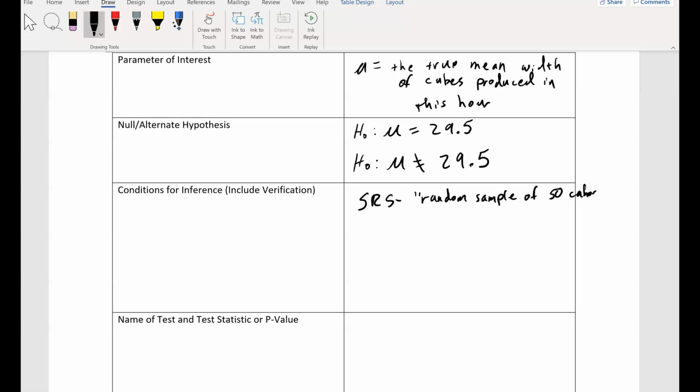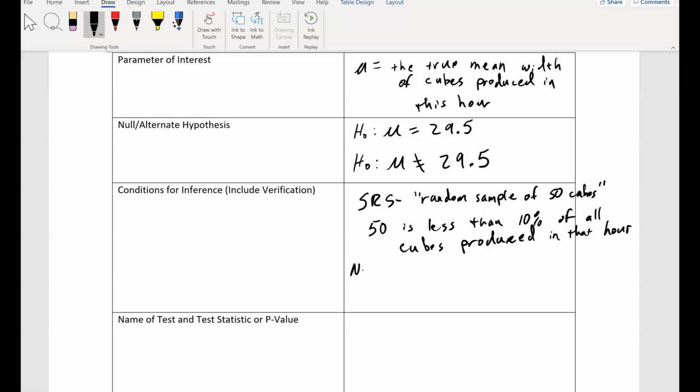Okay, we can assume that 50 is less than 10% of all cubes produced in that hour. All right, we'll just add in that hour to that. And again, we have to assume this. Right? If you want to put the word assume there, you can.